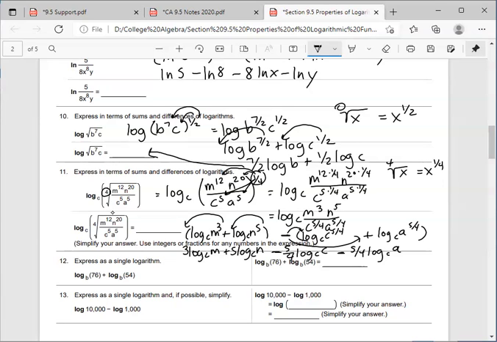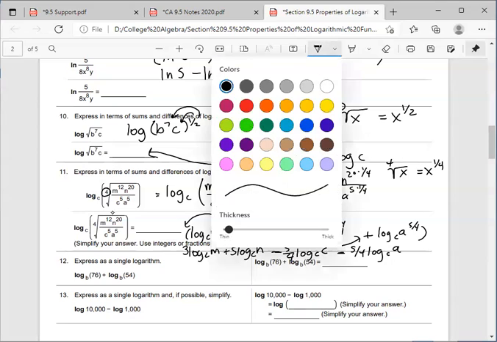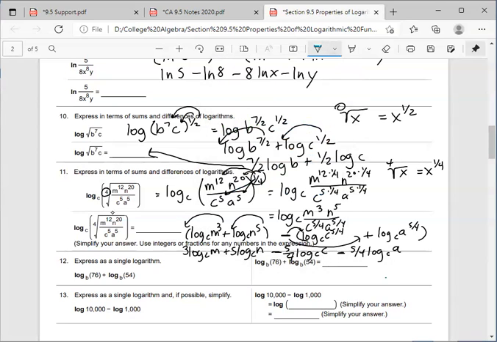There's one more thing. What is it? This, yes. This right here, these are the same. So that means this whole thing is 1.